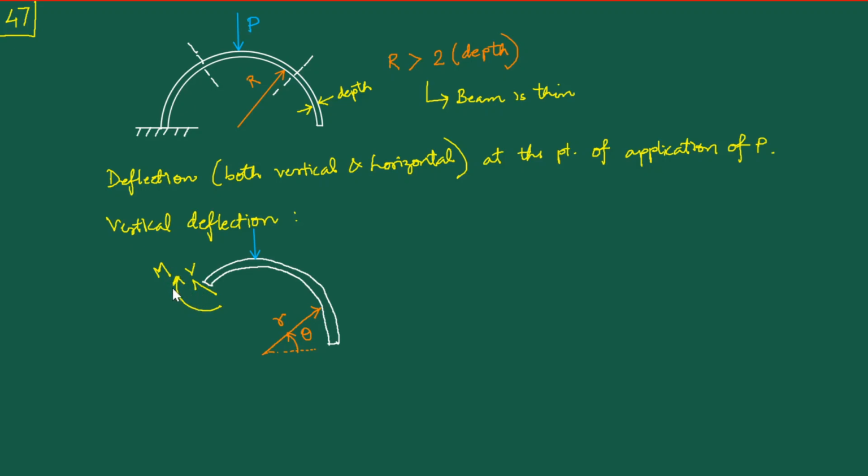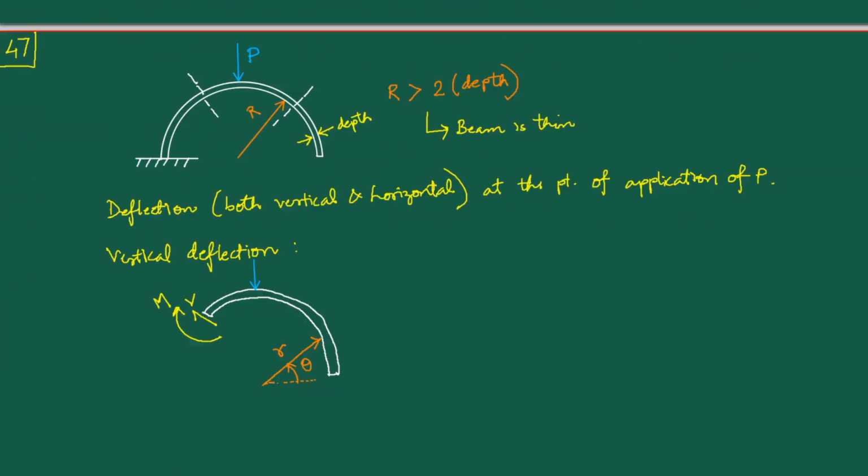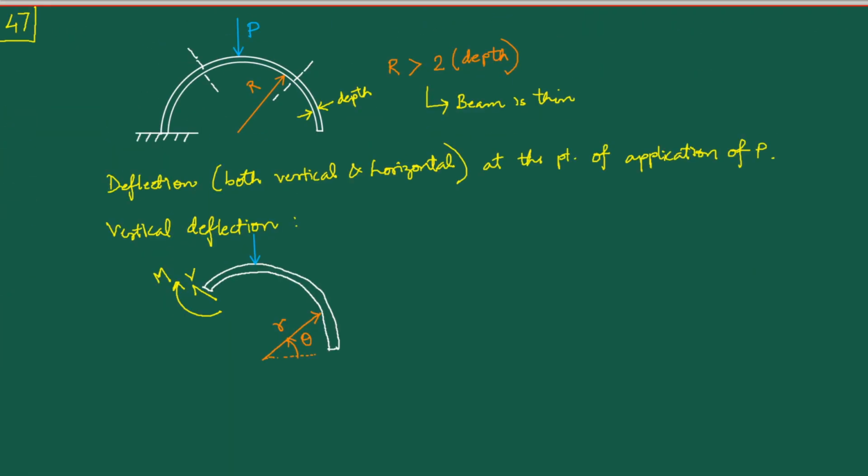Regarding the m, this m basically comes about as a result of the sigma theta theta, which will be directed in this fashion. And I think I have to make this reverse. Sorry about that.